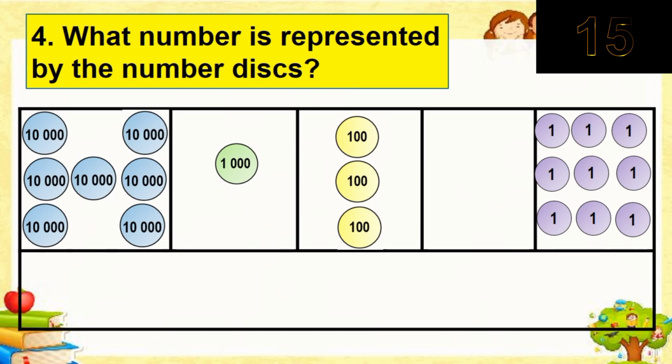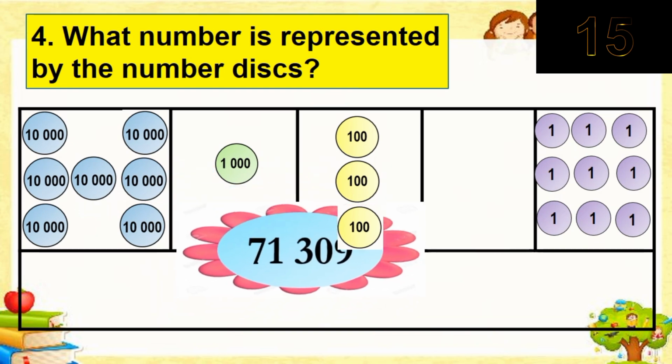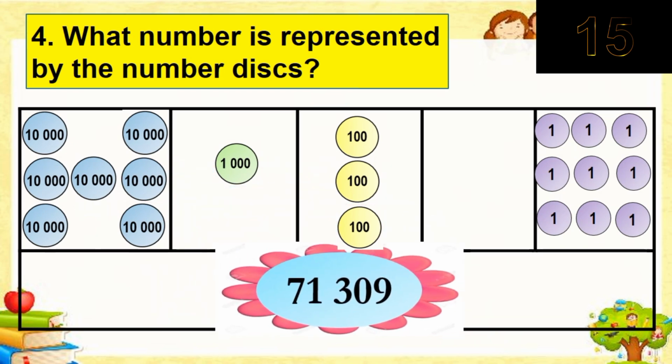Question number 4. What number is represented by the number discs? Timer starts now. Time's up. The correct answer is 71,309. Very good.